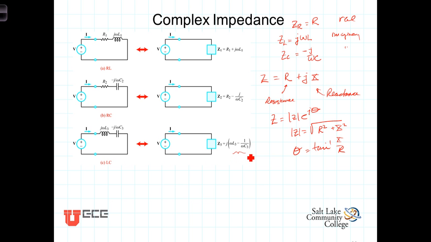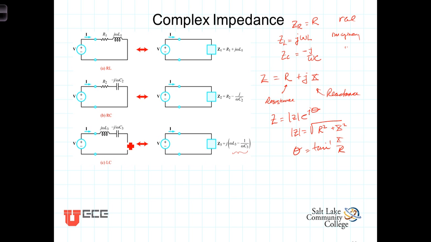When this quantity is positive, we'll say that the impedance has a net inductive characteristic. When this quantity is negative, we'll say that the overall nature of this combination would be net capacitive.